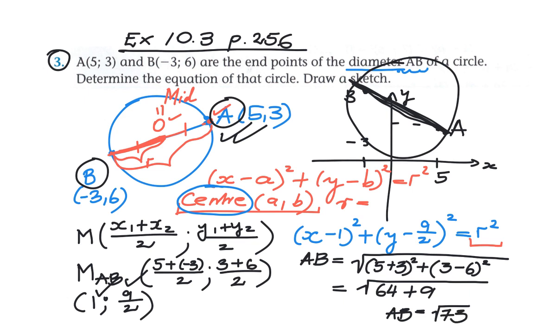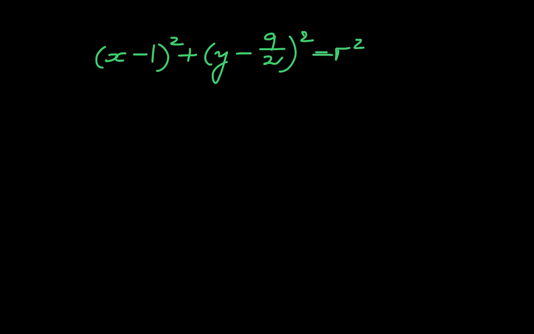Okay, so let's do the whole substitution into my equation now. I had (x minus 1) squared plus (y minus 9 over 2) squared equals r squared. We got that the diameter AB was the square root of 73.